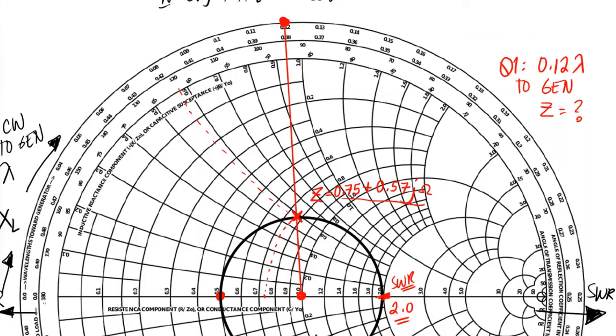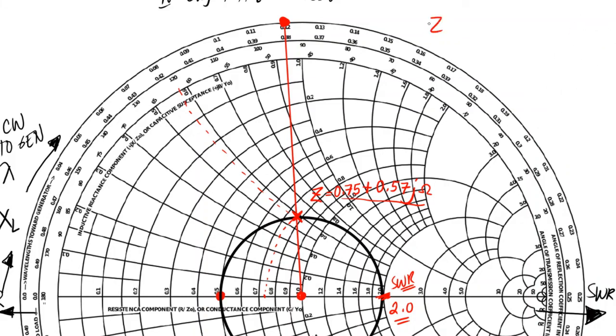However, remember that our value is normalized. So, we have to convert it to actual resistance and reactance, returning it to its original value. Earlier, we divided by 75, so now we multiply by 75.